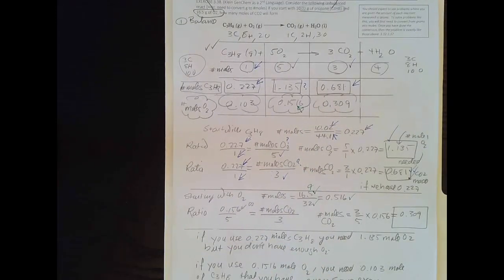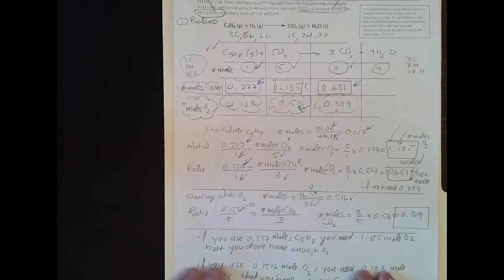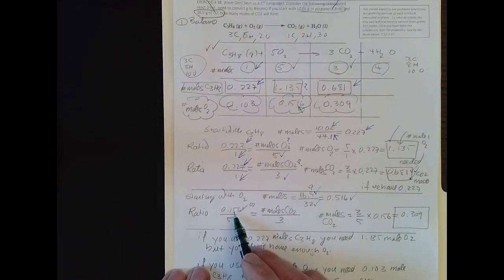Based on that 0.156 moles of oxygen, we need to know how many moles of propane we need and how much CO2 we are going to make. Again, ratio, guys. So 0.156 for the oxygen over 5.